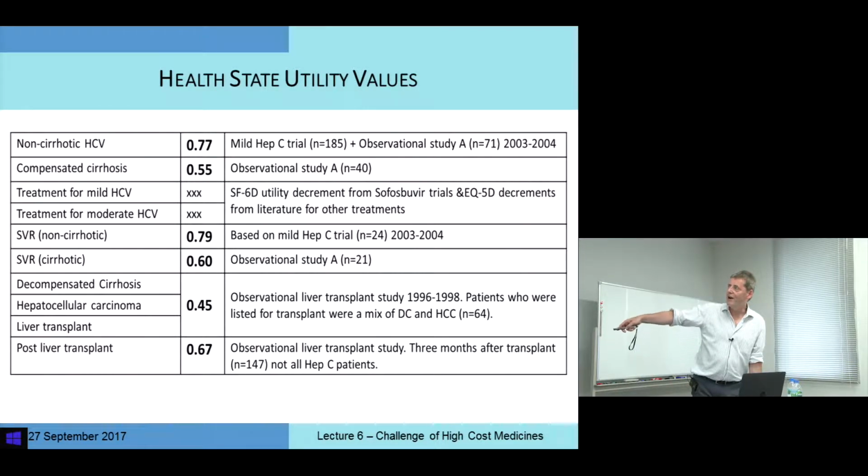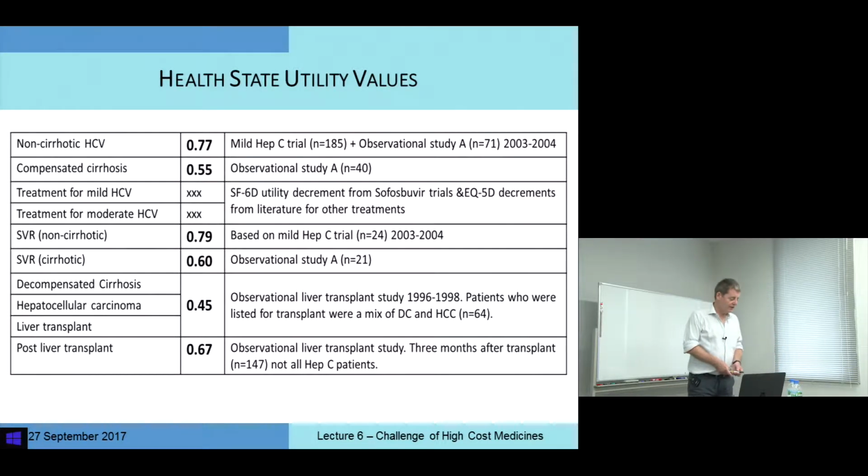For example, a lot of these ones, I think, were a measure called the EQ5D, but this one is the SF6D. It's a different measure. Sometimes it's very small samples, but those were the data available.